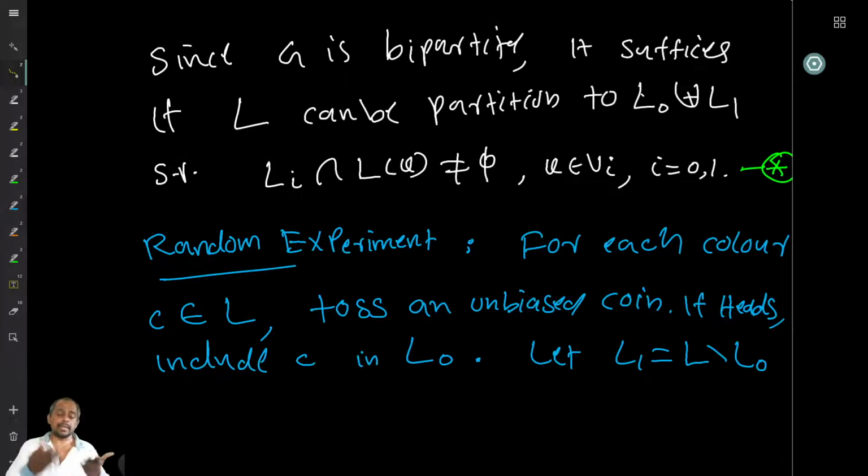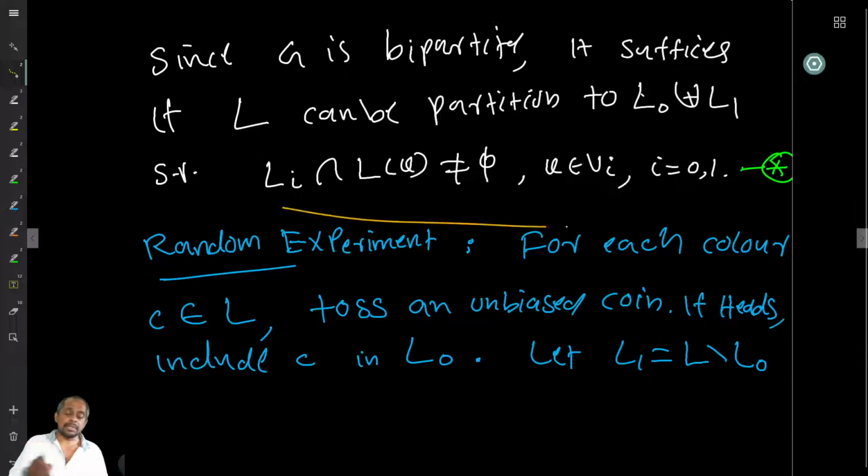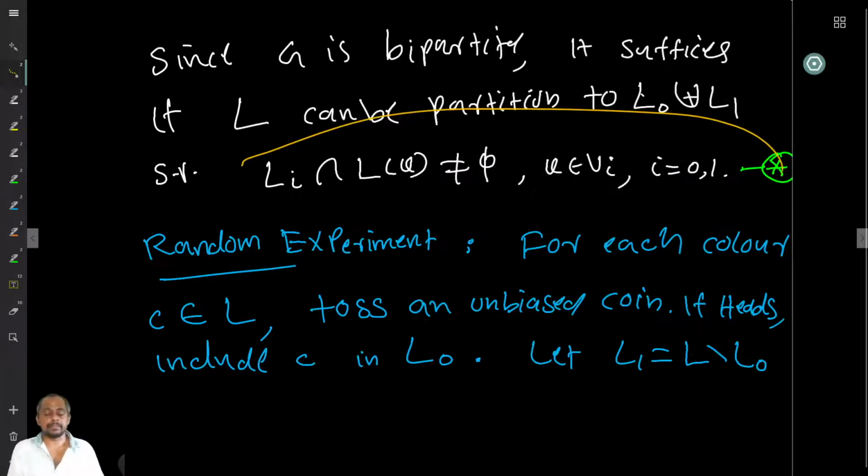If that happens, then at least one of the partitions has this possibility. So there should be at least one such partition. We are going to find random partitions and show that with positive probability such a partition exists.